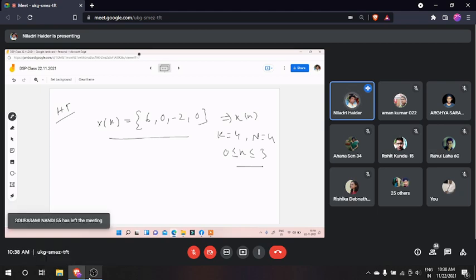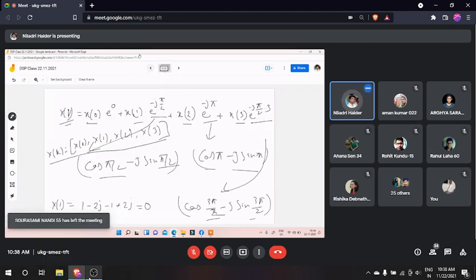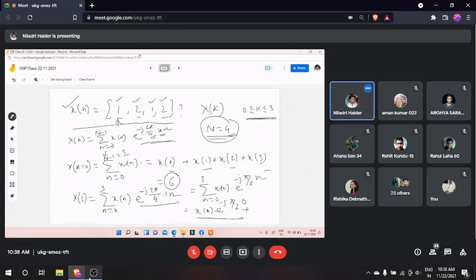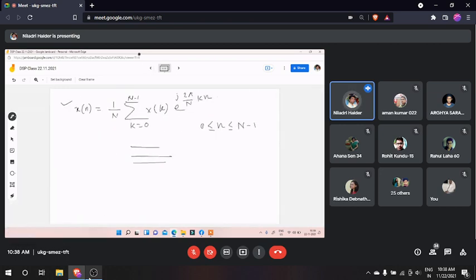Use the formula to calculate x[n]. In that formula, replace all the values, and for n equal to 0 to n equal to 3, calculate. So you will get your result. That is your home task.